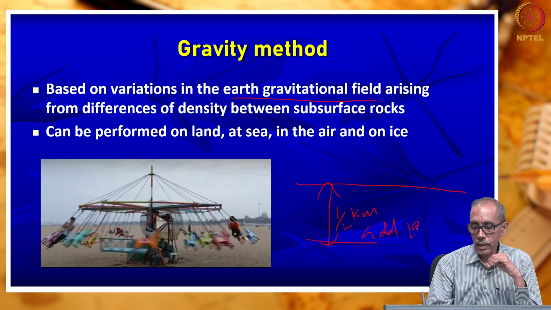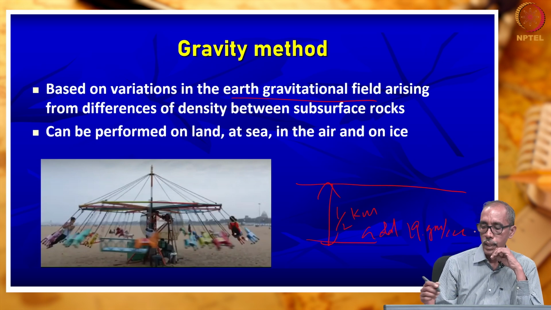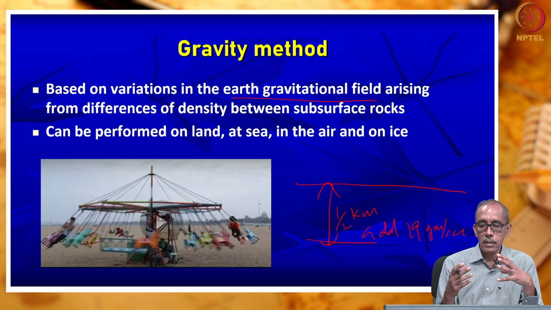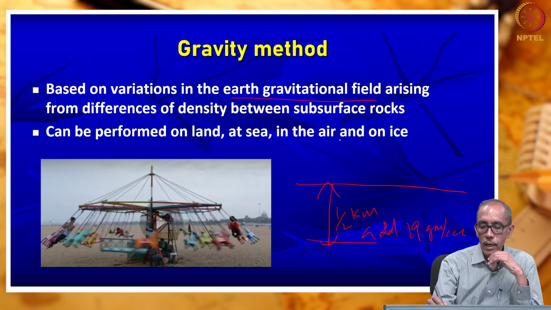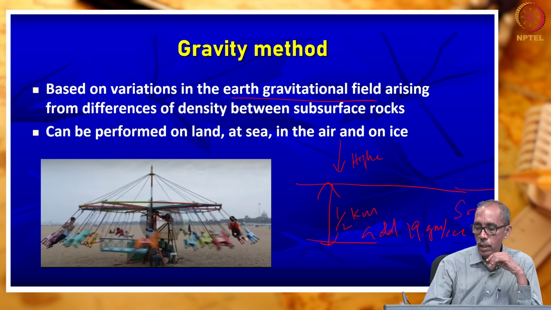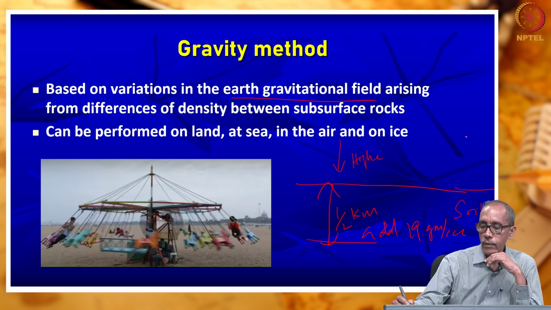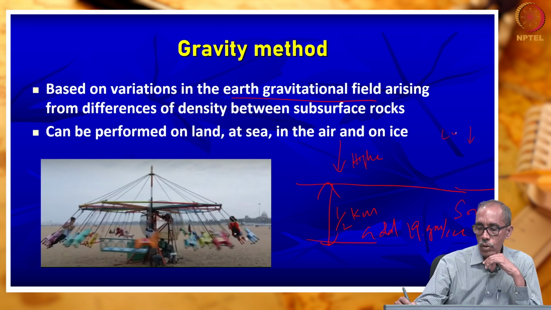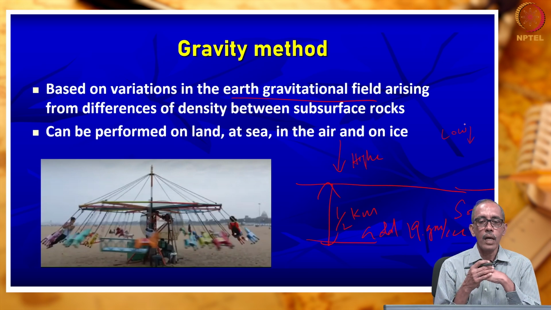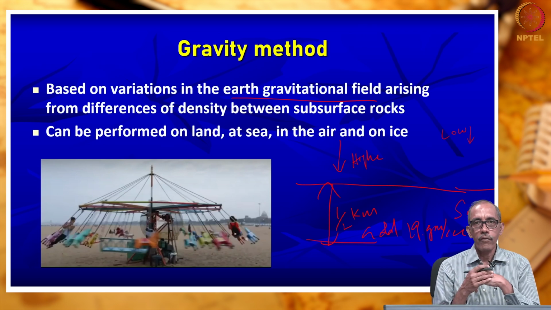The density is 19 gram per cc, right. So much dense material below the surface. So, gravity which you measure here will be much higher compared to a site where you have only soil. Here gravity which you experience will be lower. This is what we make use of to understand about the subsurface.